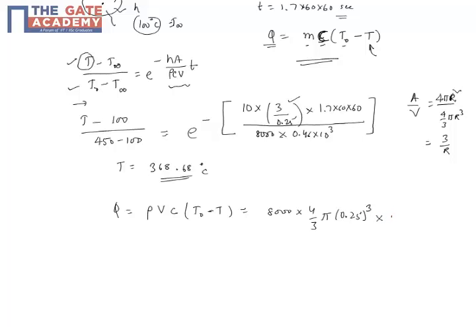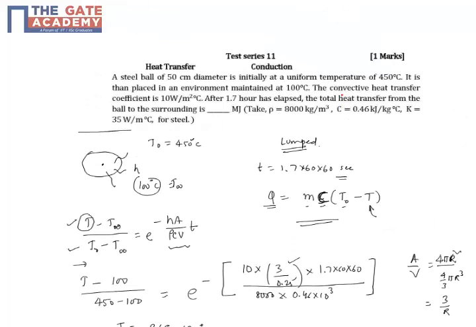Specific heat is again 0.46 into 10 power 3, and the temperature initially was 450, now it is 368.68. So when I solve this I get a big number, 15.25 megajoules. So 15.25 megajoules is the answer for this lumped heat transfer analysis. Thank you.